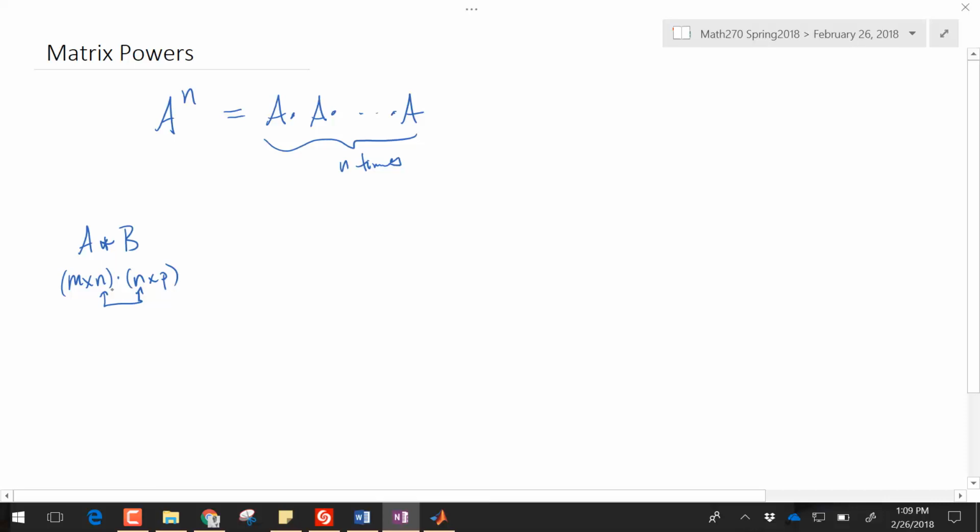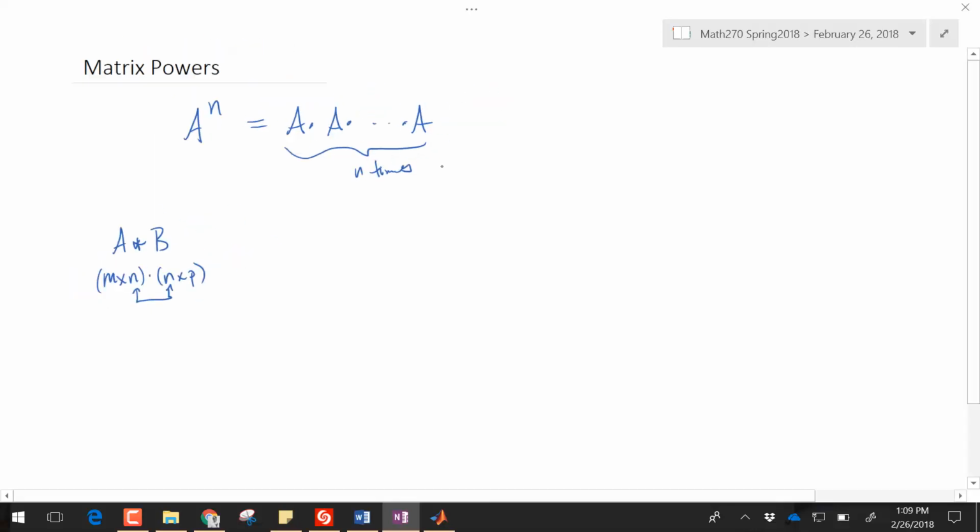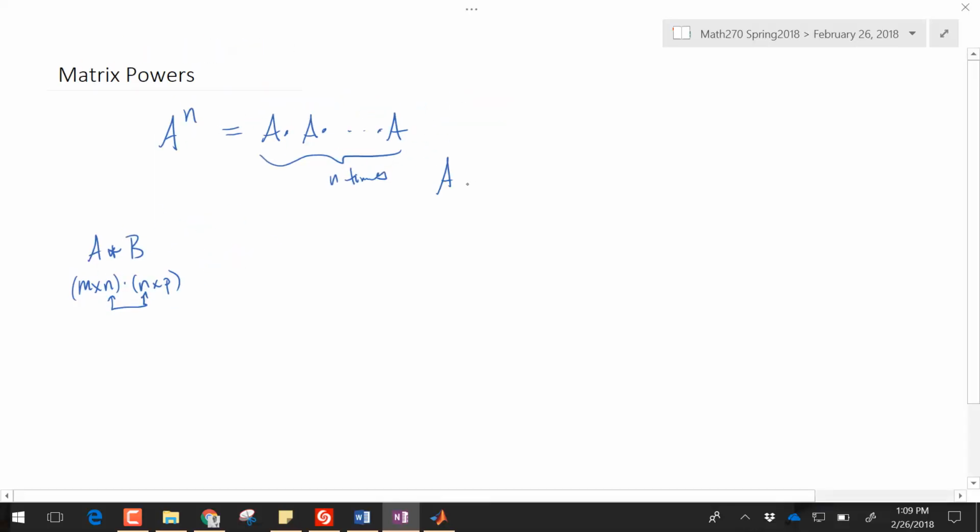So what does that mean for your A matrices here? They all have to be square matrices. A has to be a square matrix for this to work. Okay? If it's not, then it's not going to work.